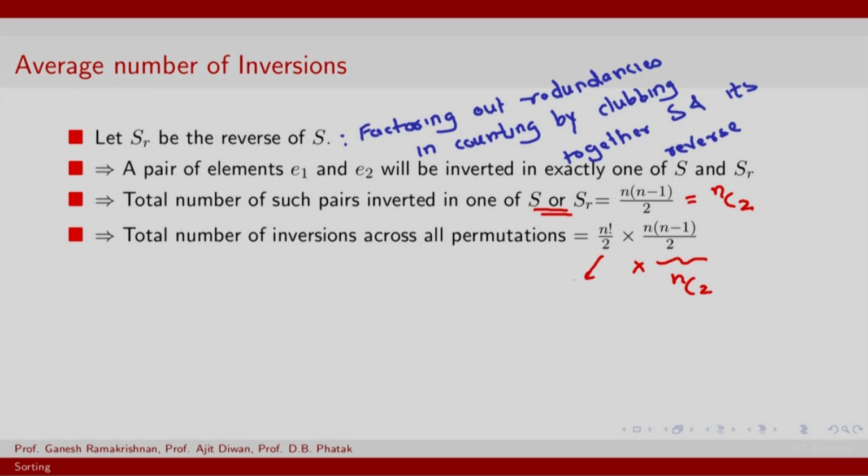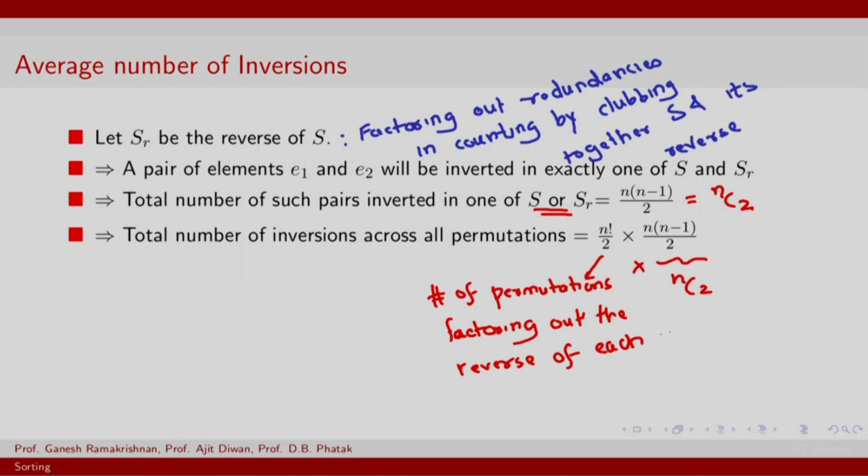So this is the number of permutations, but factoring out the reverse of each permutation. We do not want to count the permutation and its reverse separately, that is why n factorial by 2.